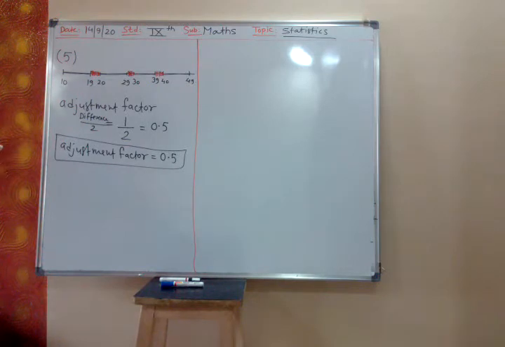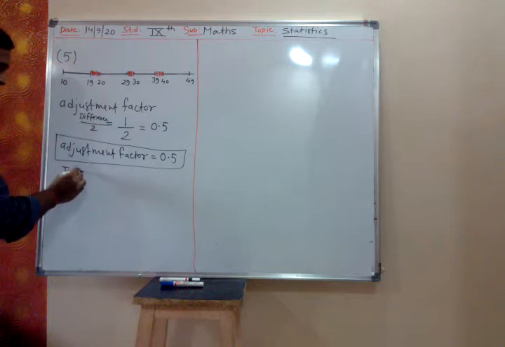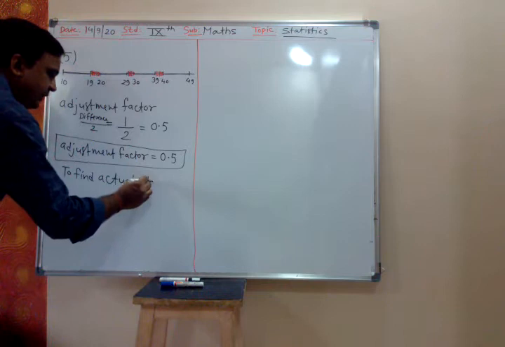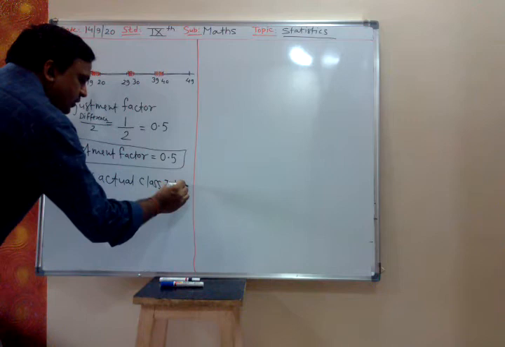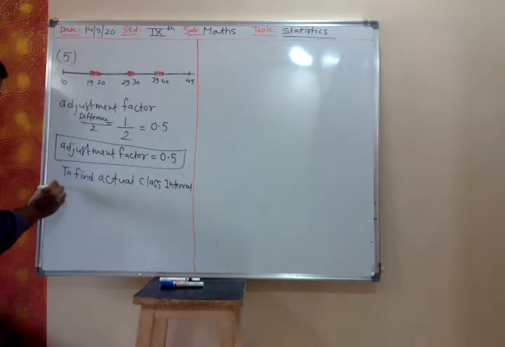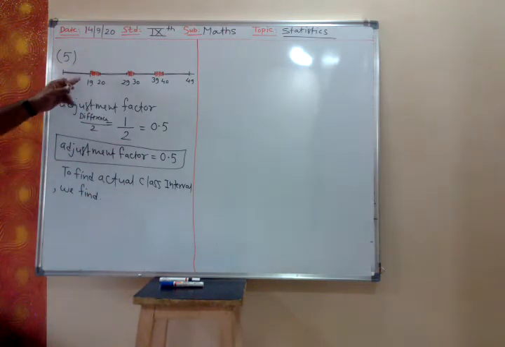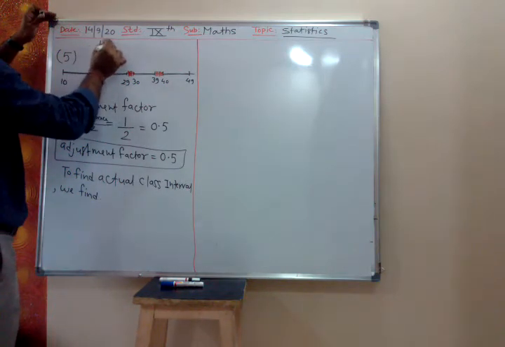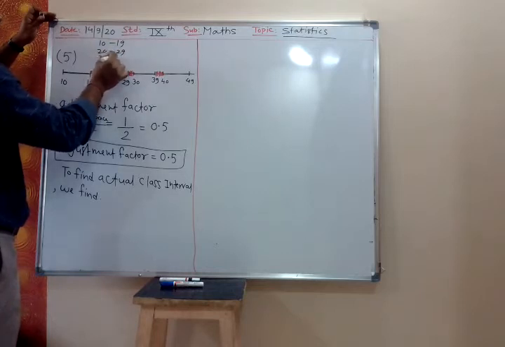Now how do we find the actual class interval? See, 10 to 19, then next 20 to 29, then 30 to 39, then 40 to 49.